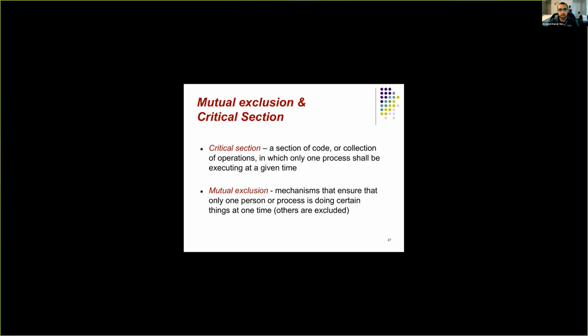So we can define a set of instructions, and we only ever want one process to be executing that section of code, in case of multiple processes sharing the same code. And mutual exclusion is a mechanism provided by the operating system to ensure that only one process or one person is doing certain things at a time.